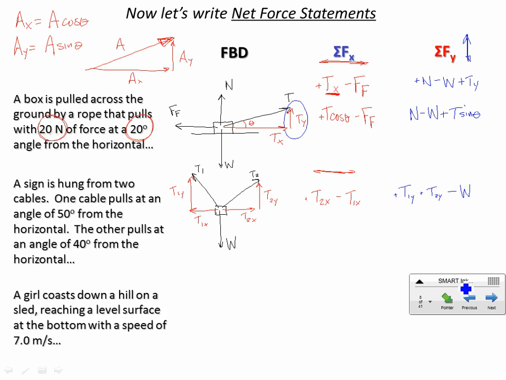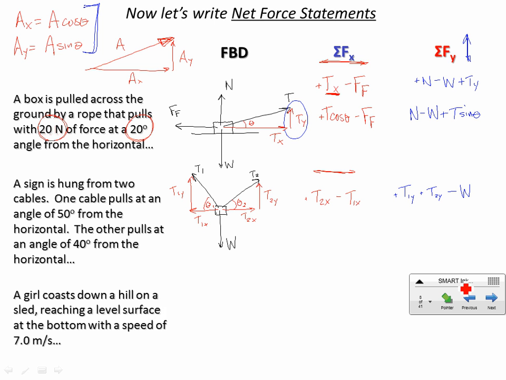All right? Like I said, being able to deal with the components stuff just has to become sort of second nature to you. It has to. If you have to stop and think about it a little bit, fine. But the quicker you can come up with, oh, here's how I go about finding the component, the better off you are. So T2x, well, we'd have to call this theta 1 and call that theta 2.